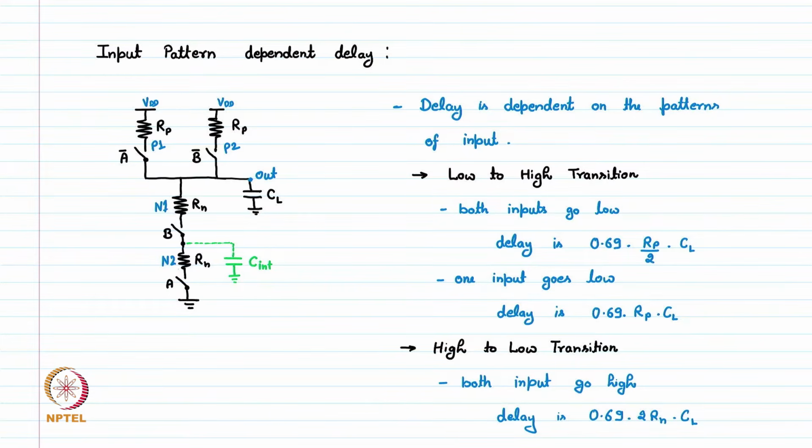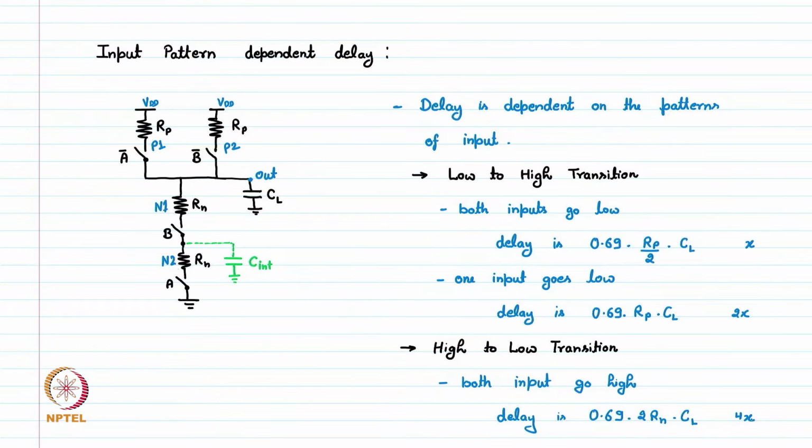So the delay while going high to low is the worst case delay in all this analysis. Let's assume Rn and Rp are the same, and the delay here is x, then here the delay is 2x and here the delay is almost 4x. So depending upon the input pattern, the delay of this gate can vary from x to 4x.